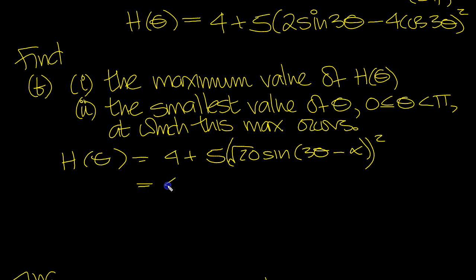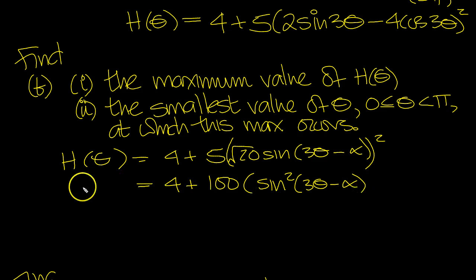So that's equal to 4 plus 5 times, take the 20 out, as 100 sine squared (3 theta minus alpha). So there's h theta.